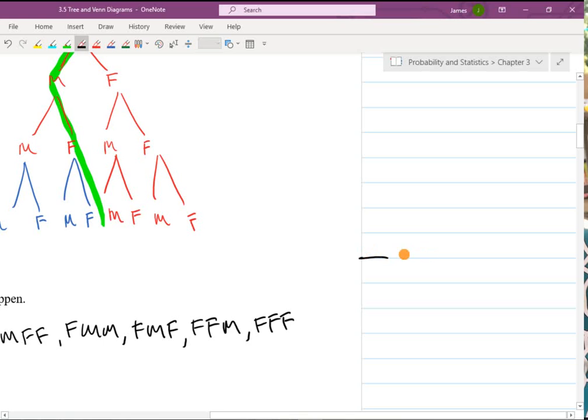I think the best way to see a permutation is to think about how many things can I choose for child number 1. You have 2 options, right? Okay, how many options do you have for number 2? Second child, I can only have 2 options, right? Male or female. Third option, only 2 things, right? 2 times 2 times 2 is 8.